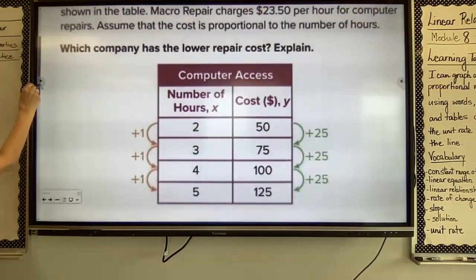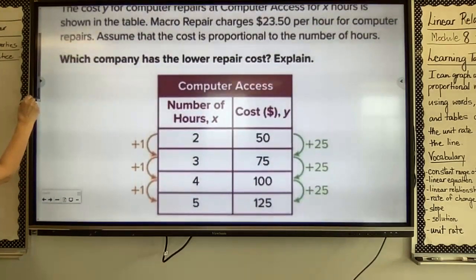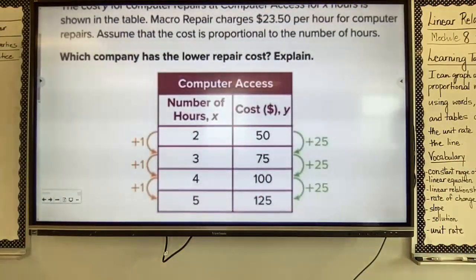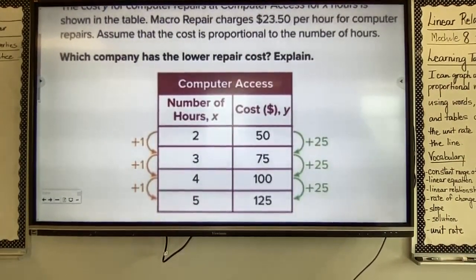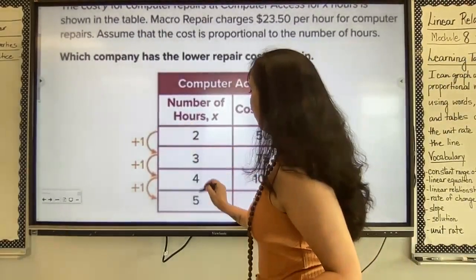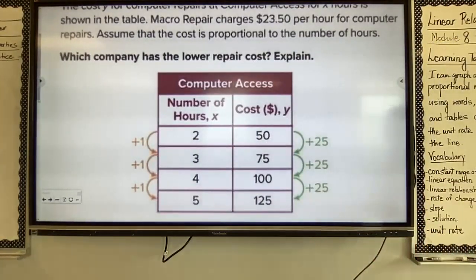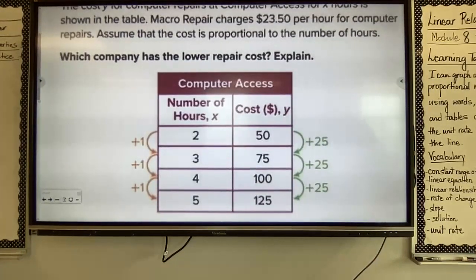Okay, so we can look at these two over here. You have in the second, Computer Access, the number of hours, as you can see. The hours go 1, 2, 3, 4, 5, and the cost keeps increasing by 25. So we are finding the unit cost for Computer Access. Because the relationship is proportional, the constant rate of change is the same as the slope and unit rate.